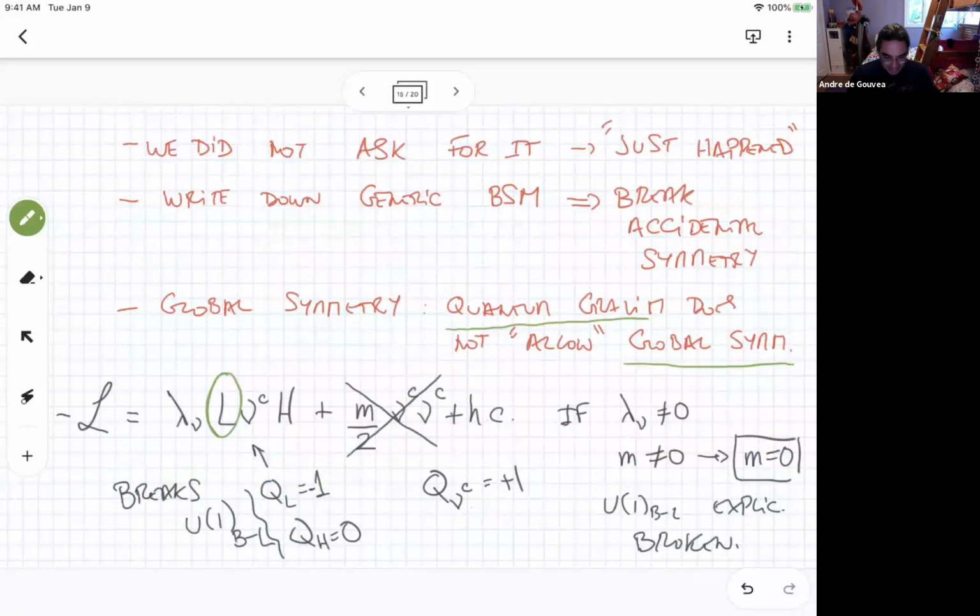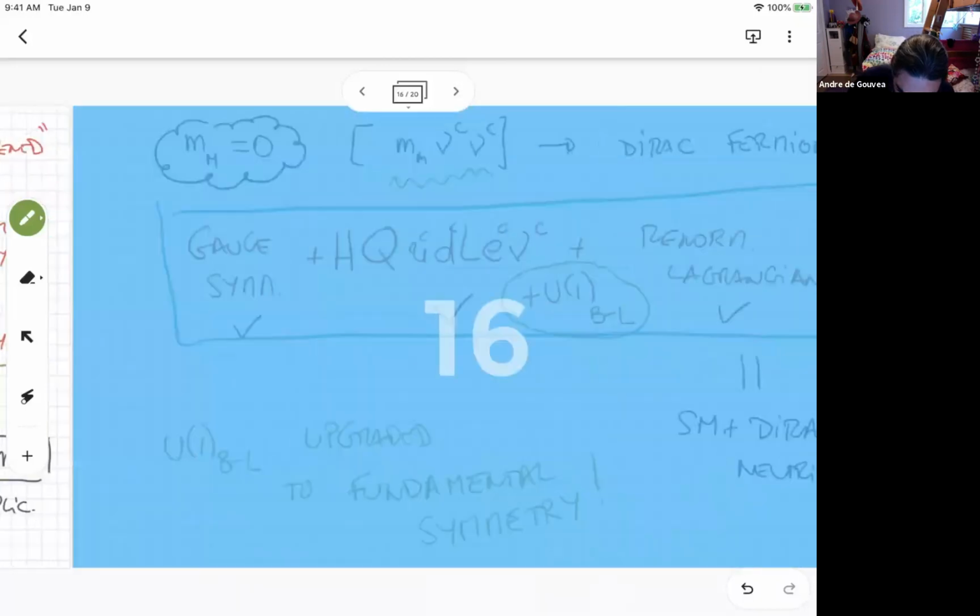I also mentioned that if you want to make the right-handed neutrino B minus L charge, you're allowed to do that, but then the Yukawa coupling explicitly breaks that. So if the Yukawa coupling and the Majorana mass are not 0, you can't escape that. And if you make the Yukawa coupling 0, the neutrinos don't get a mass. So that doesn't help. So finally, the last question, if the B minus L charge of N^c is 0, it's just a comment on what I just said.